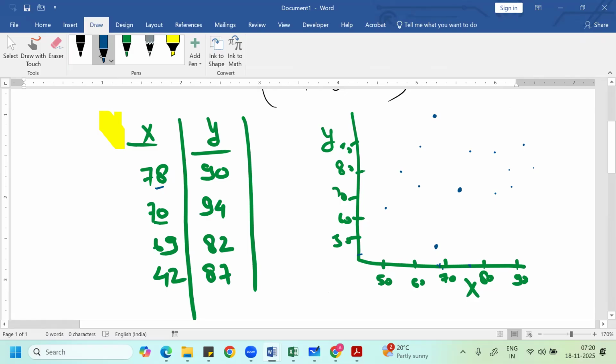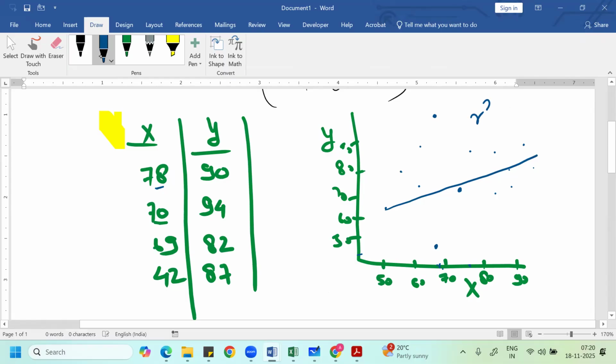If you are able to draw a line using these dots, there is a method called the method of least squares. By using this method, if I draw a line considering that the maximum number of points would be closer to the line, then there would be strength in the line.